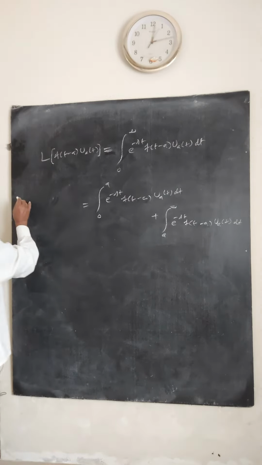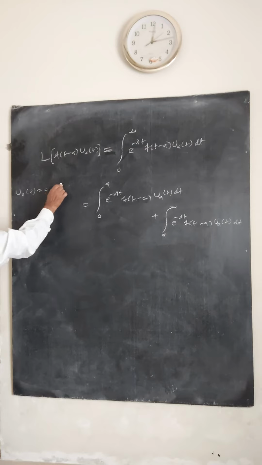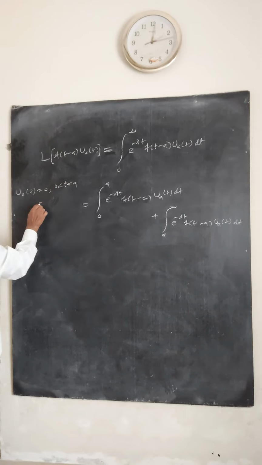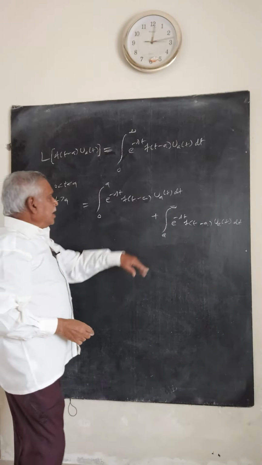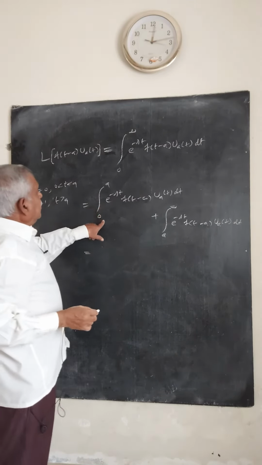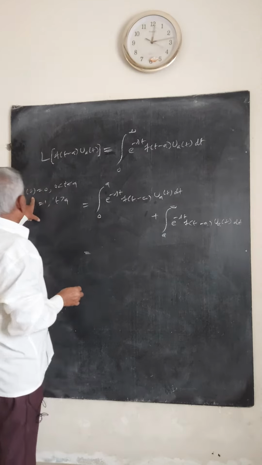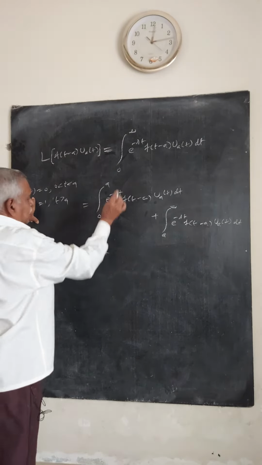By the unit step function, u_a(t) equals 0 when 0 less than t less than a, equal to 1 when t greater than a. We are applying it here. From 0 to a, u_a(t) is 0, completely 0.